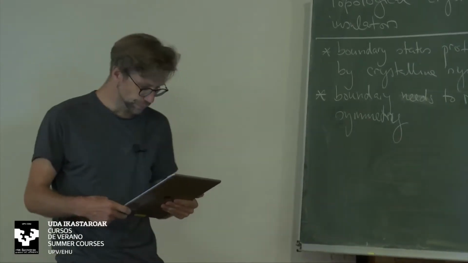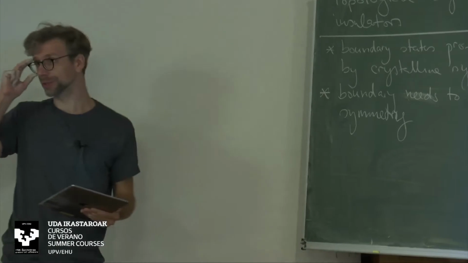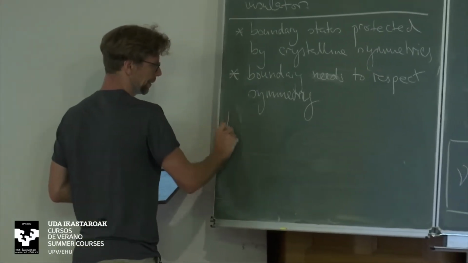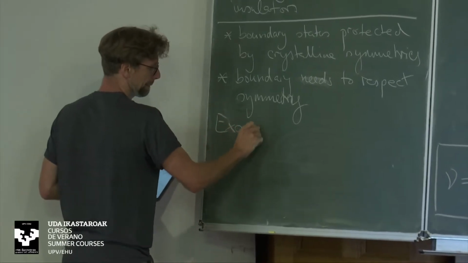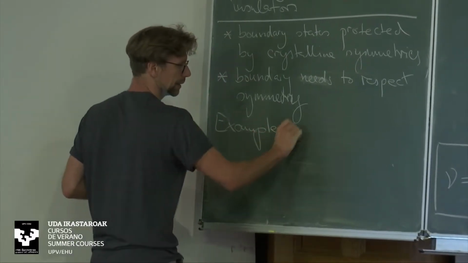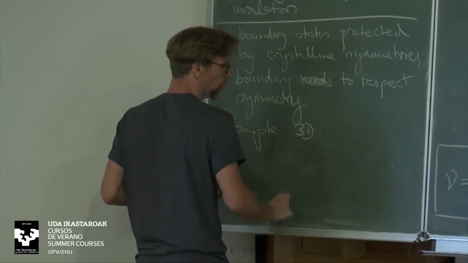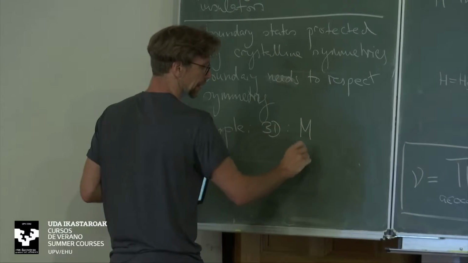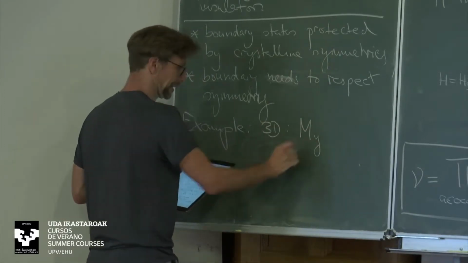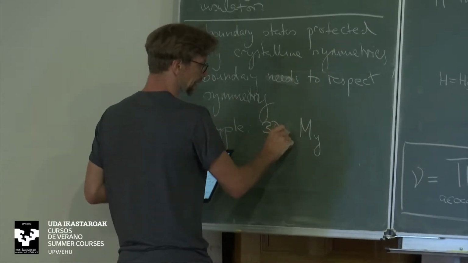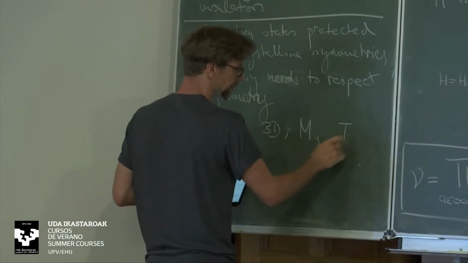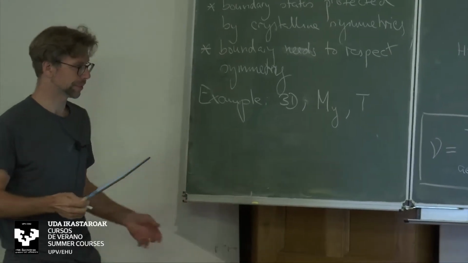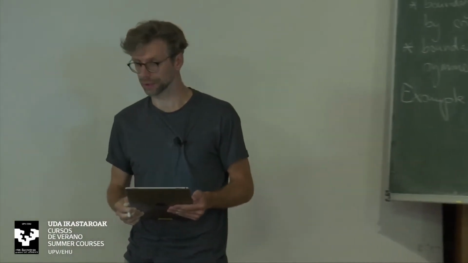So the one case that I want to discuss is in 3D systems where mirror symmetry, and so we're going to look at M_y, for instance, and time reversal symmetry protect states. So the combination of mirror and time reversal, that's the example I want to look at.